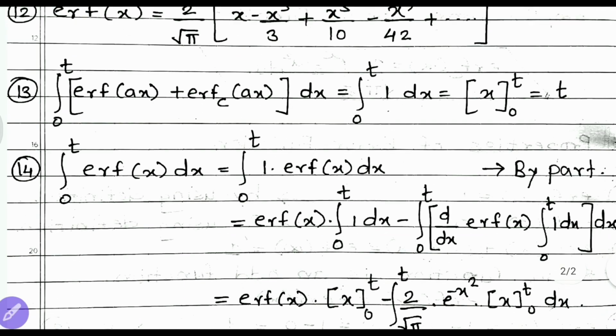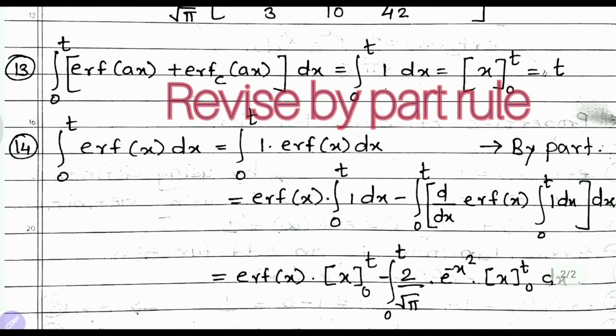Okay. Now in the 14th property, I just want to explain that whenever you want to find the integration of error function of x, you take integral 0 to t, and if you remember the logic of log, the same kind of logic we are going to use over here. We are going to write error function of x as 1 into error function of x, and then apply integration by parts.